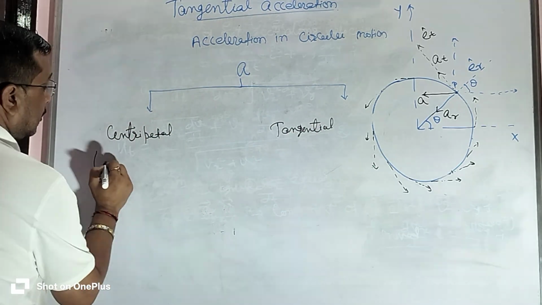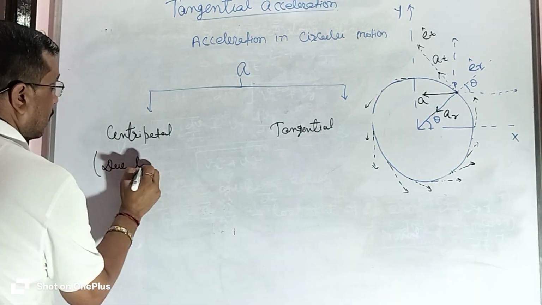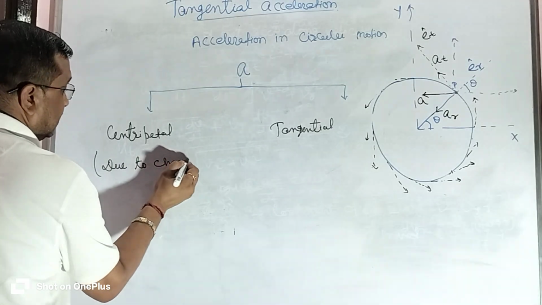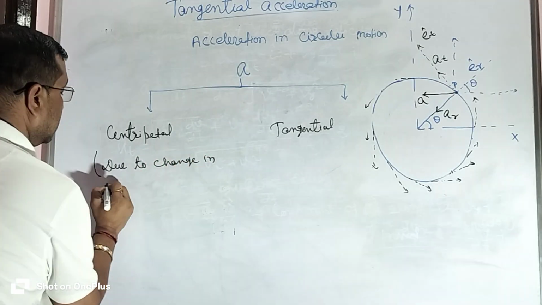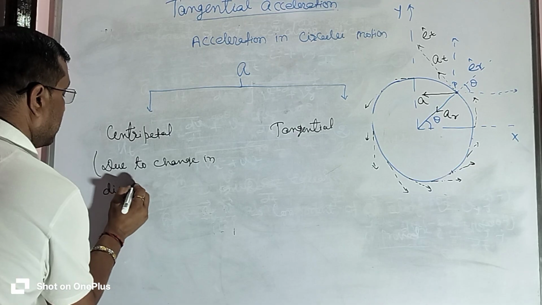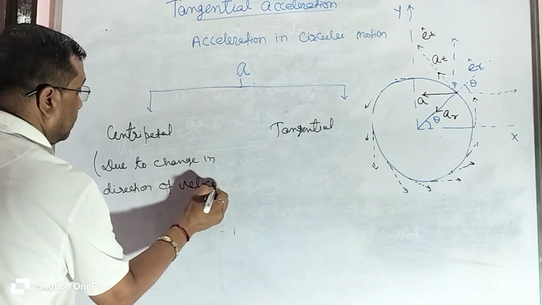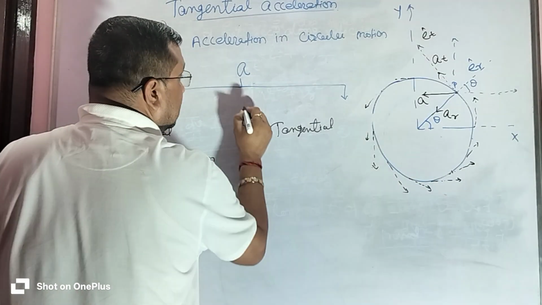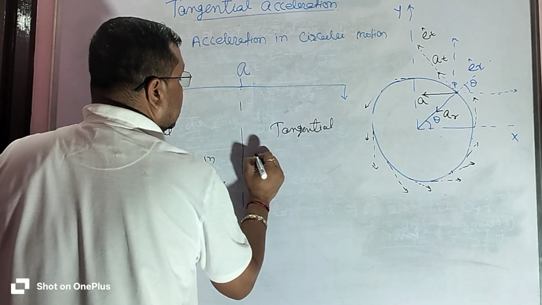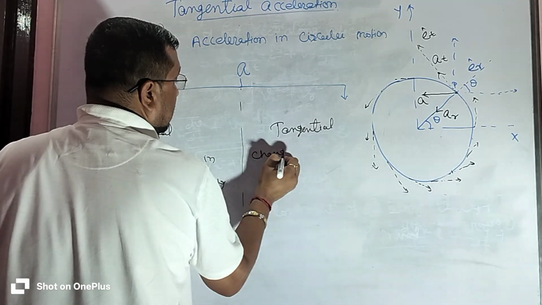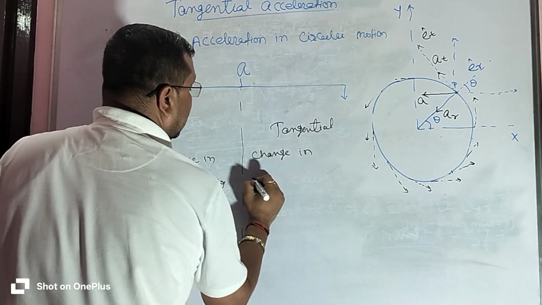This is due to the change in direction of velocity, and this is due to the change in magnitude of velocity.